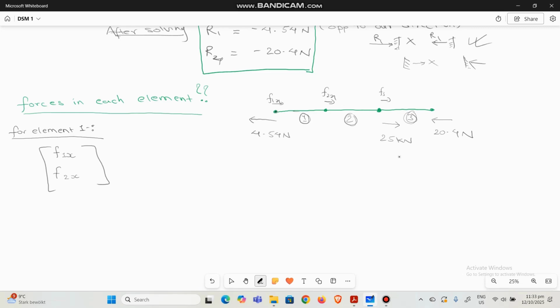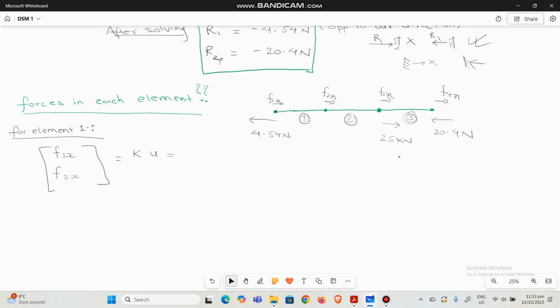This is force in the third and F3x, and this is F4x. This is what we are finding. It is given by the basic formula, F equals Ku. I will write it one more time, F equals Ku.